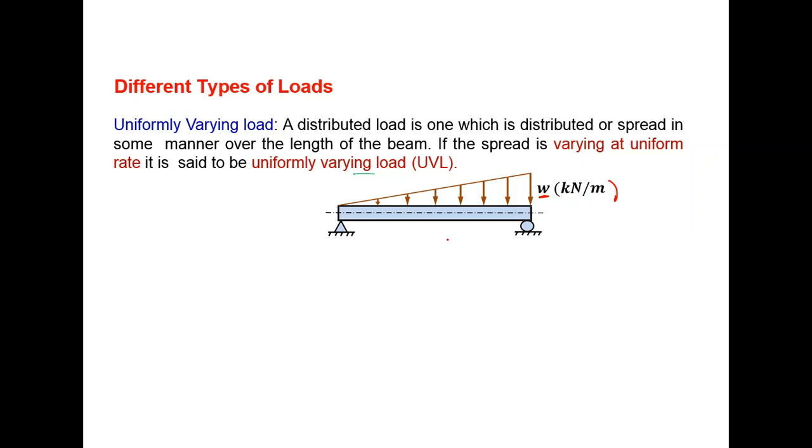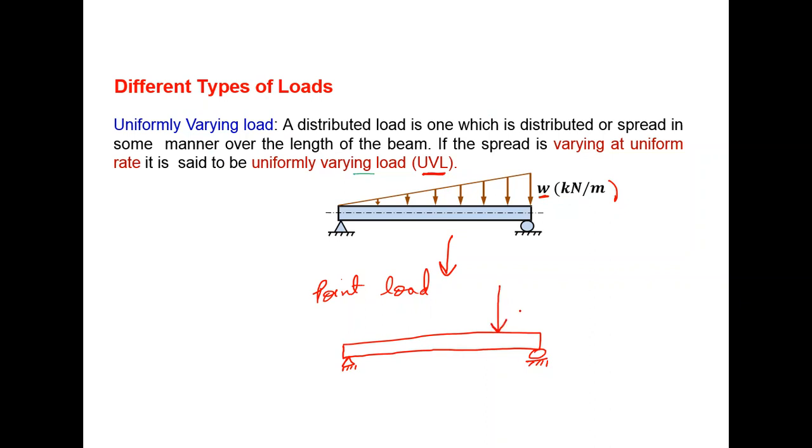Okay, so if you want to convert this UVL, that is uniformly varying load, to a point load, then you can do one thing. You just draw the beam, apply hinge support here and roller support over here, and you can apply the point load over here, and make sure that the magnitude of load will be w into this span length.